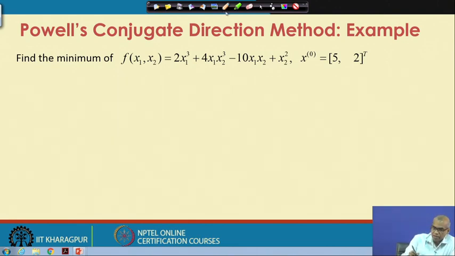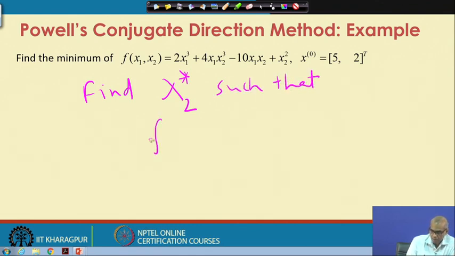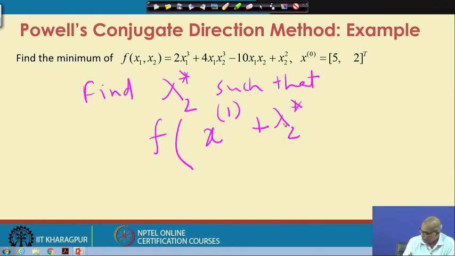I find lambda, which I will now call lambda 2 star, such that f of x 1 plus lambda 2 star S 1 is minimum.